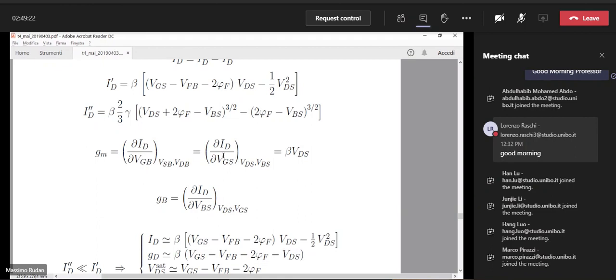Of course, the two definitions are equivalent, and we find that this derivative is equal to beta times VDS. It is indicated with the symbol GM, and it is called transconductance.